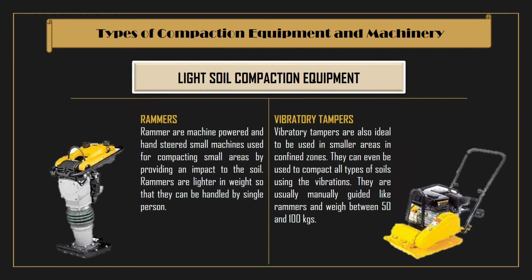The first category is light soil compaction equipment. The first one is rammers. Rammers are machine-powered, hand-steered small machines used for compacting small areas. The second one is vibratory dampers. It is also ideal to be used in smaller areas in confined zones.